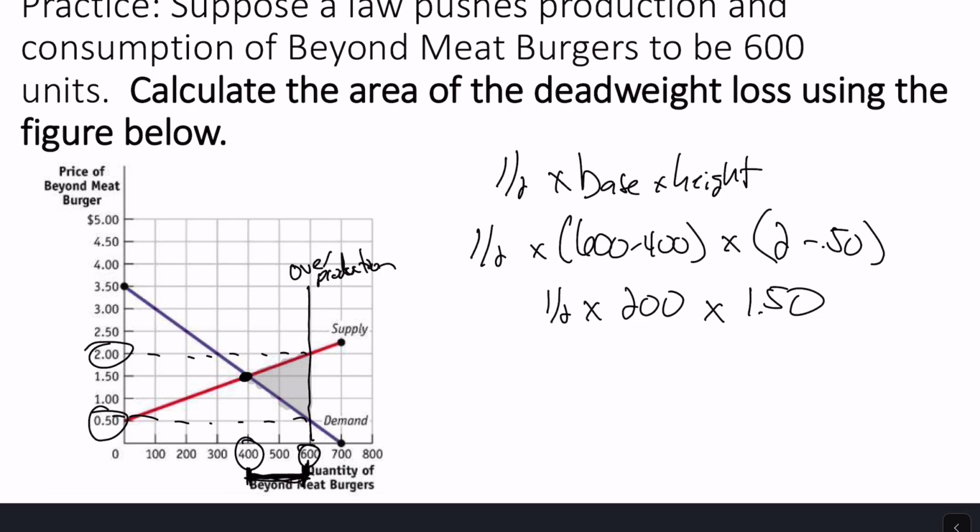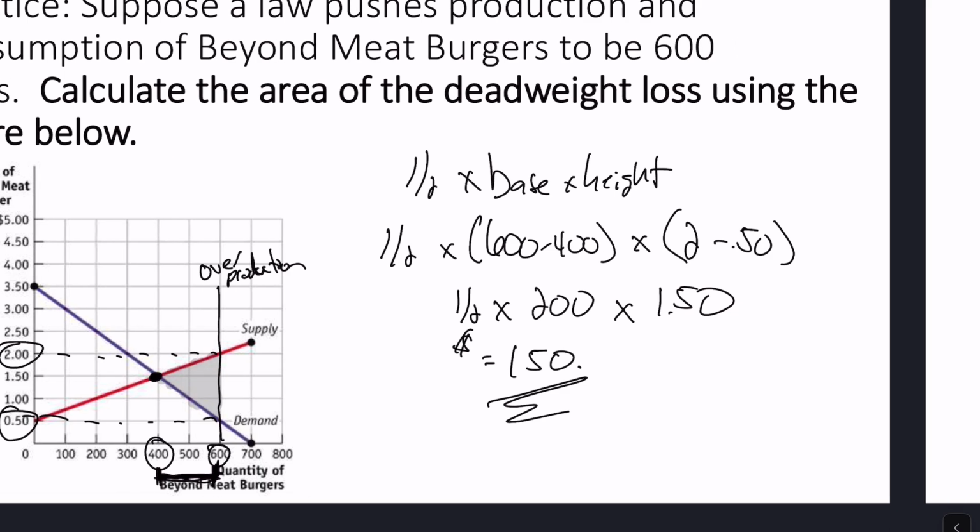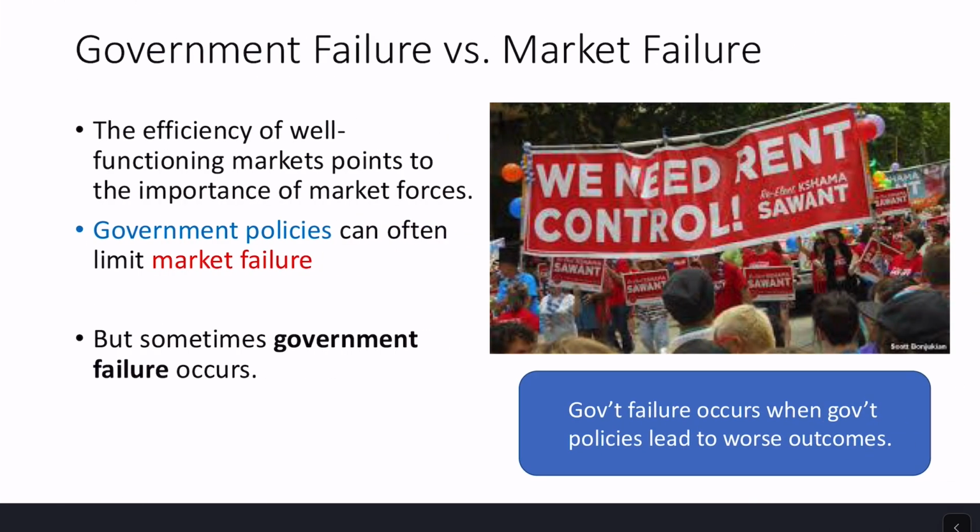And so we'll get 100 times $1.50 equals $150. Okay, so be able to do both types of questions on an exam of calculating deadweight losses, either for an underproduction or overproduction. All right, there's our market failures.